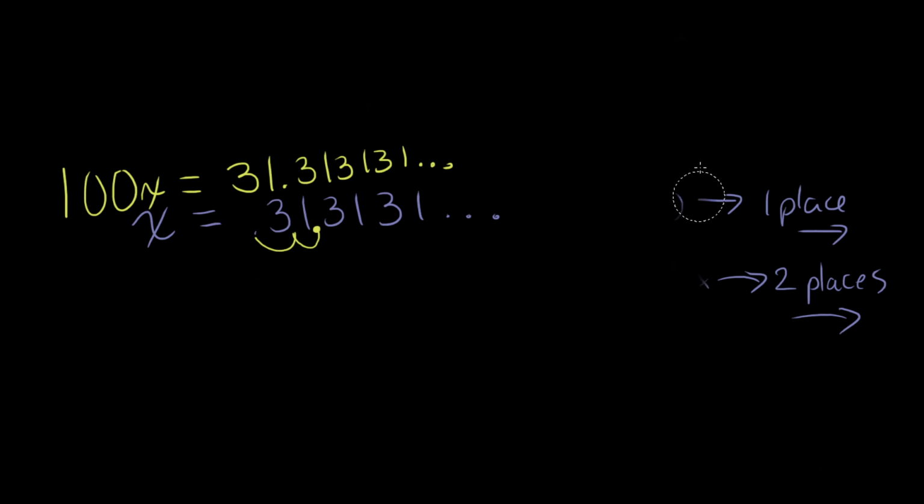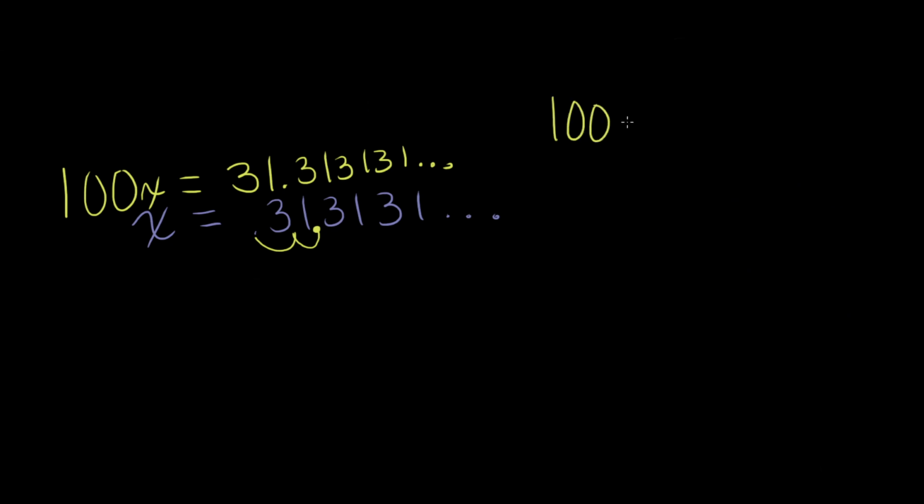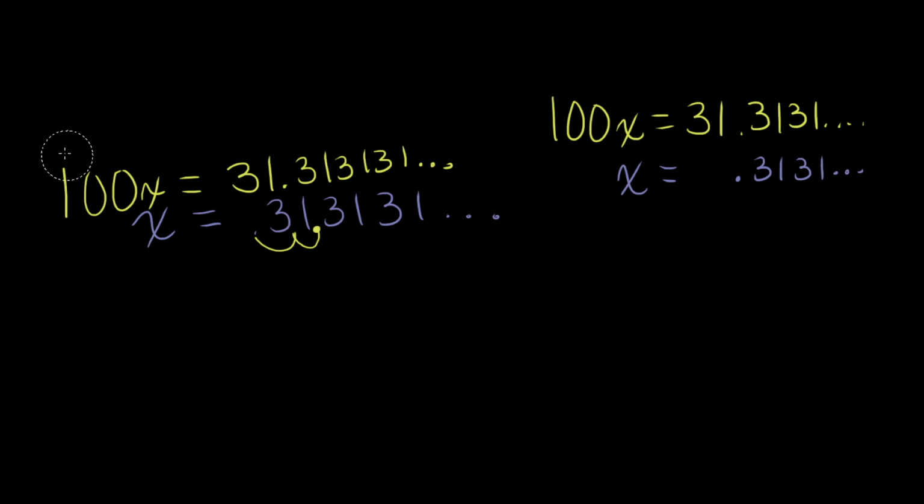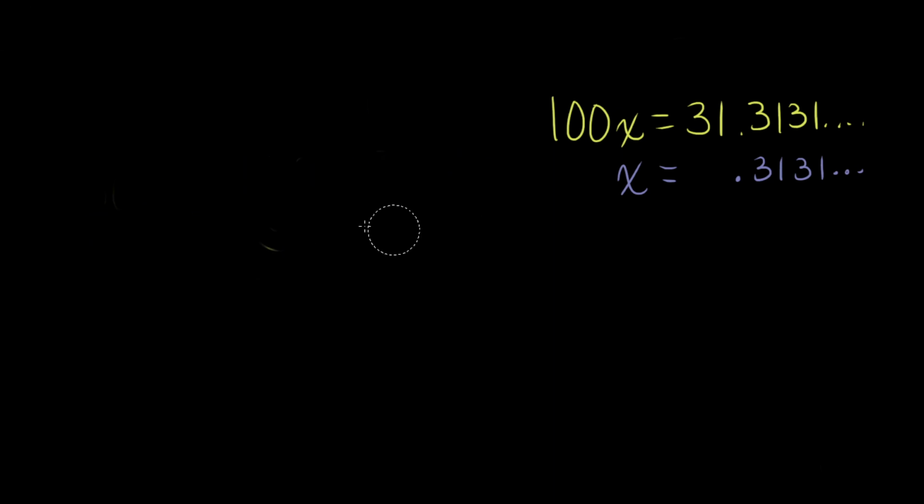Okay, so we can figure this out by setting up our problem. Right here we have 100x is equal to 31.3131 forever, and x is equal to 0.3131 forever and ever. Let's erase this now. And then we know, how do we get rid of these?